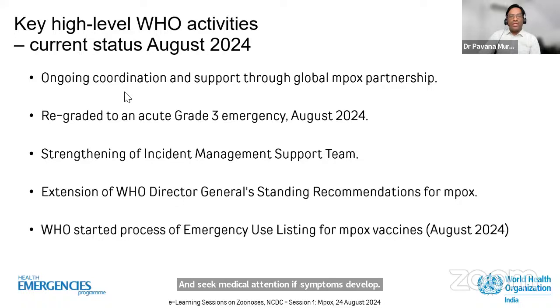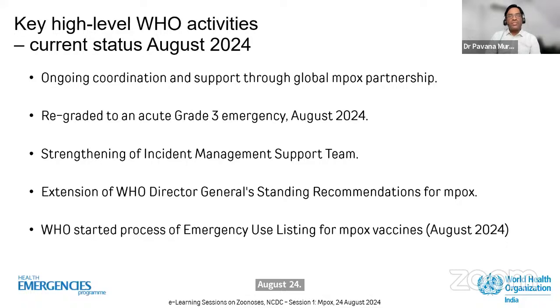So what are the key high-level WHO activities that are going on in August? As of this situation, there is ongoing coordination and support, especially through the global Mpox partnership. It has been regraded as an acute emergency of grade 3 in August 2024.